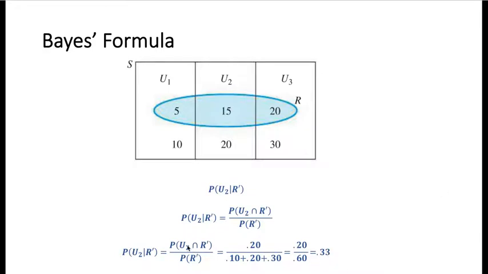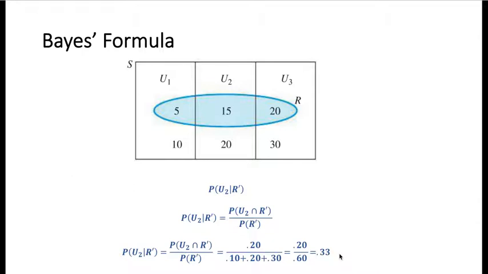The probability of U2 and not in R is 20 out of 100. And the probability of U1 and not in R, U2 and not in R, U3 and not in R is going to be in the denominator. So that total is 0.20 over 0.60, which is 0.33.